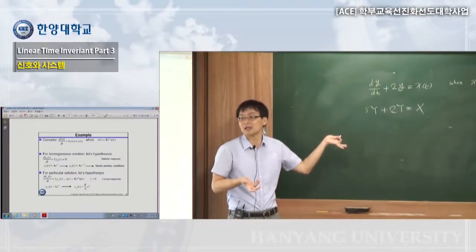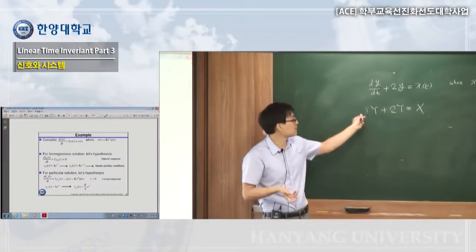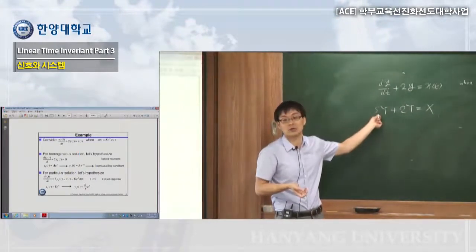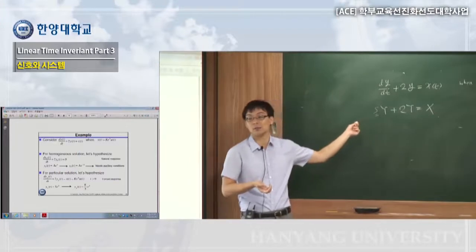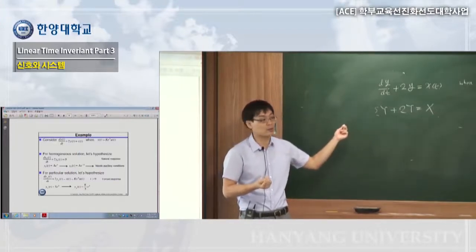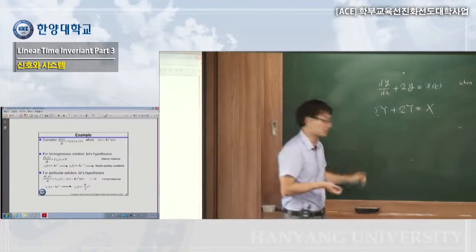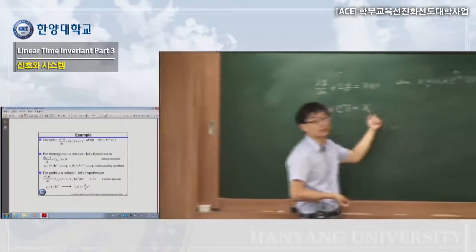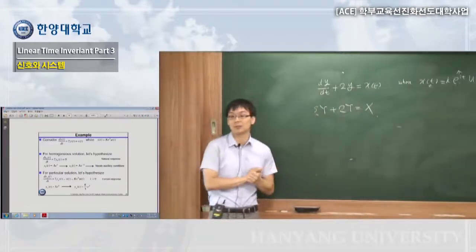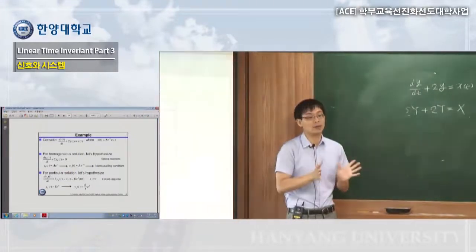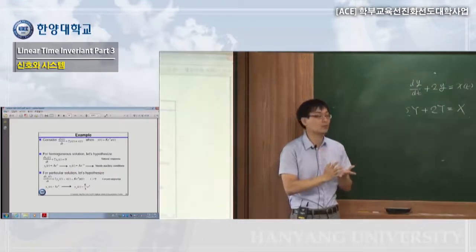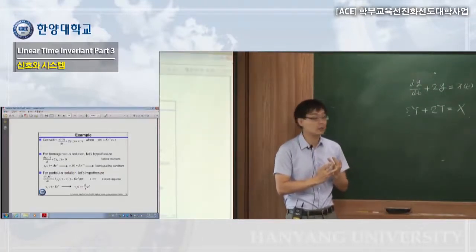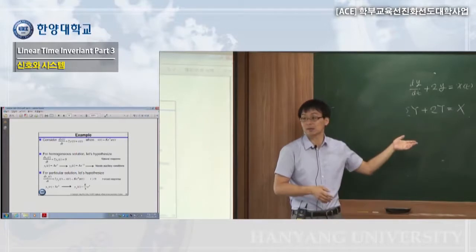Why? This s is what we started from the beginning: j omega is the Fourier transform, s is the Laplace transform. So you already know chapter 9, right? So typically, most of the problems you confronted before try to find the system response.